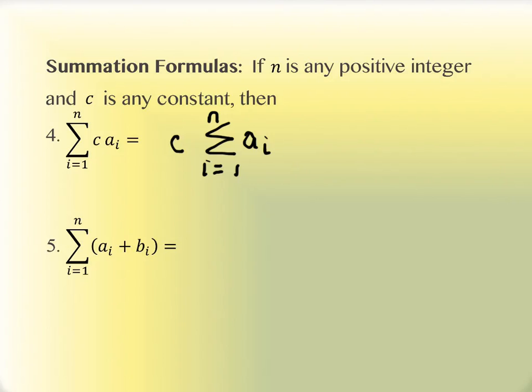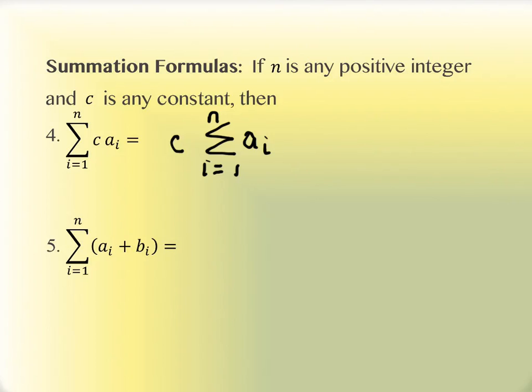And then this one looks a lot like our sum and difference rules. In fact, it could have had a minus in the middle there. That would be fine too. So what do you think we can do with this one? History would tell us we could do what? Yeah, that's what we did with derivatives, right? We took the derivative of each one separately and then we added them or subtracted them.